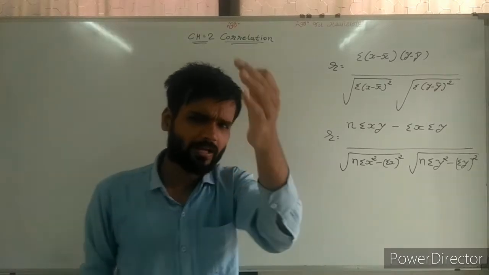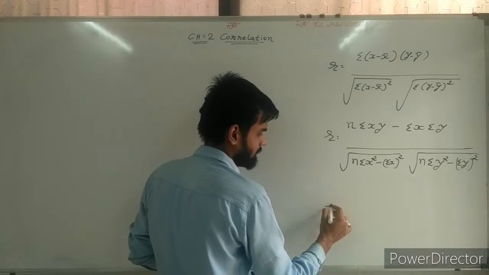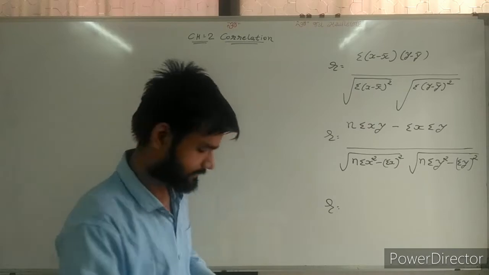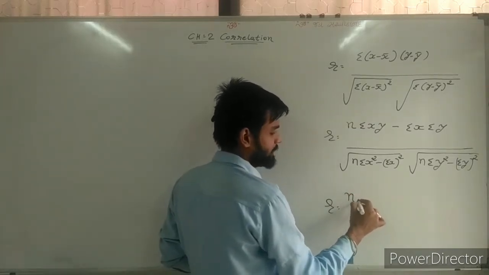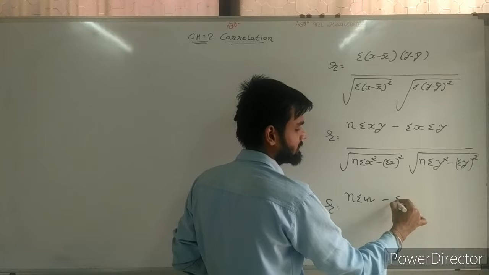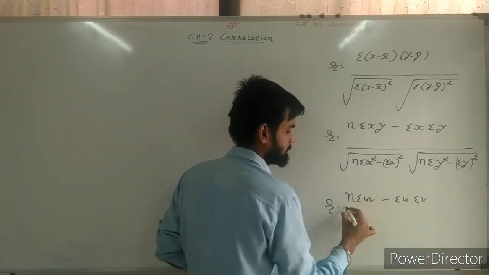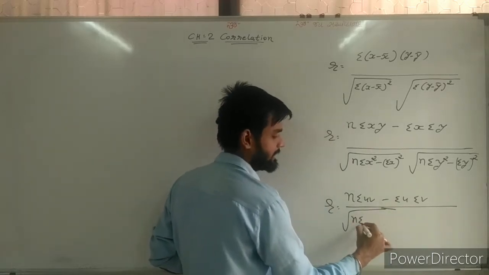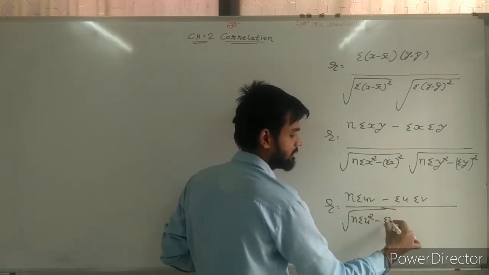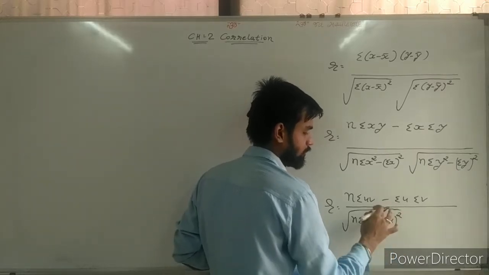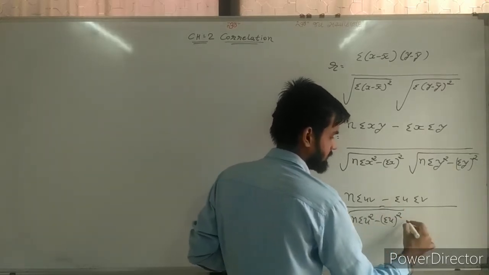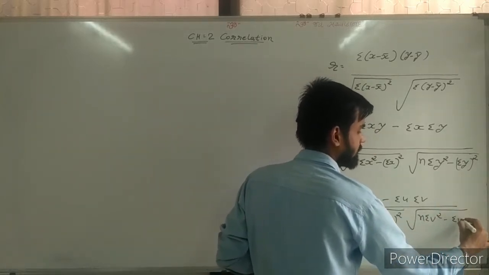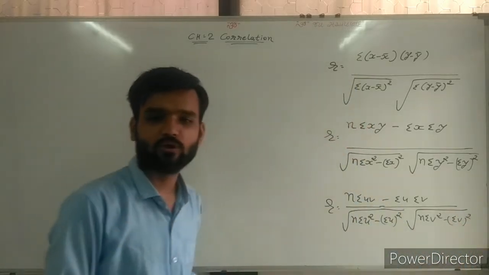And the third, the main important formula, which can be used in every type of sum: n sigma uv minus sigma u sigma v, divided by root of n sigma u square minus sigma u whole square, second under root n sigma v square minus sigma v whole square.